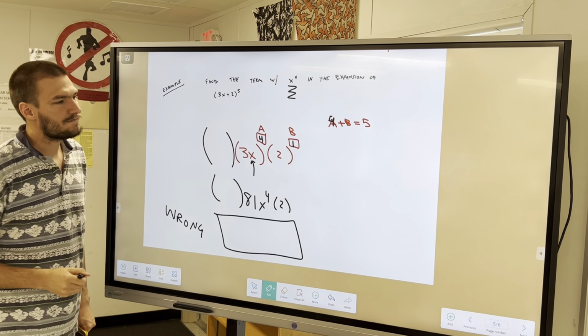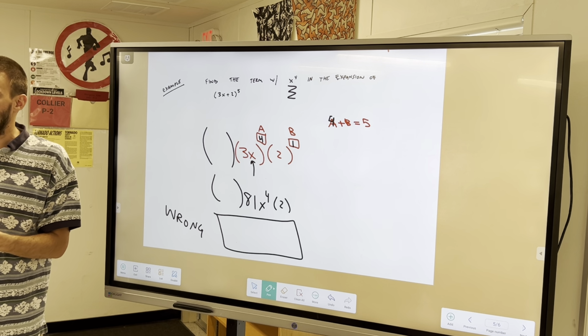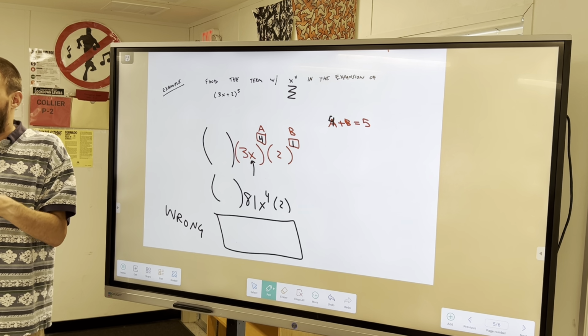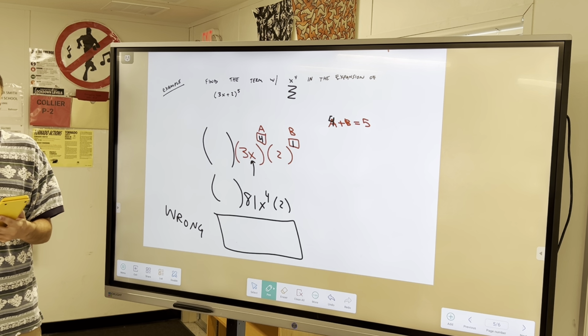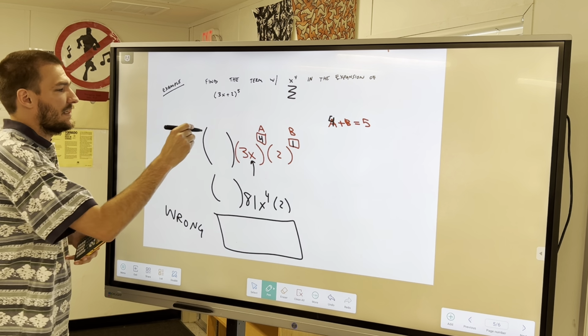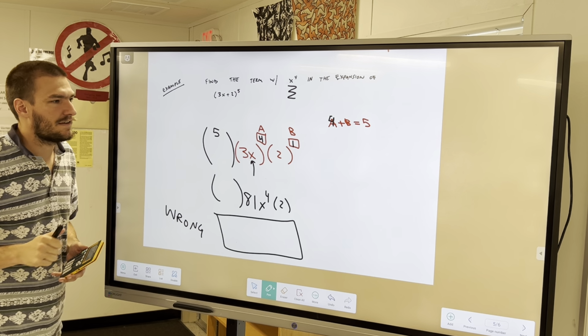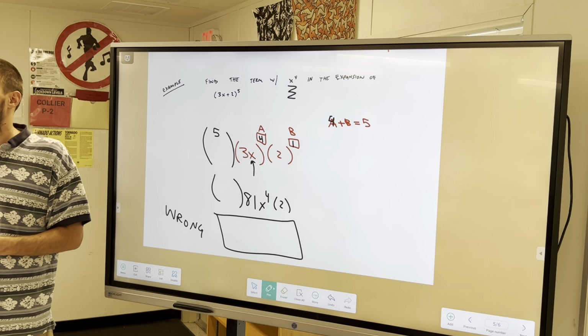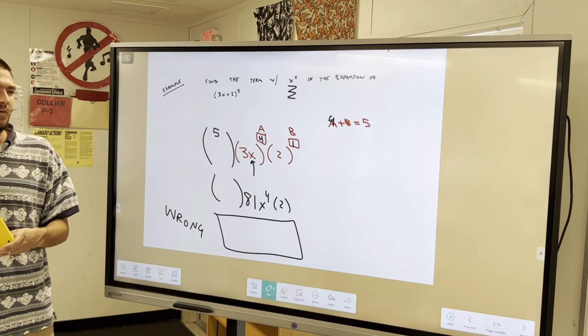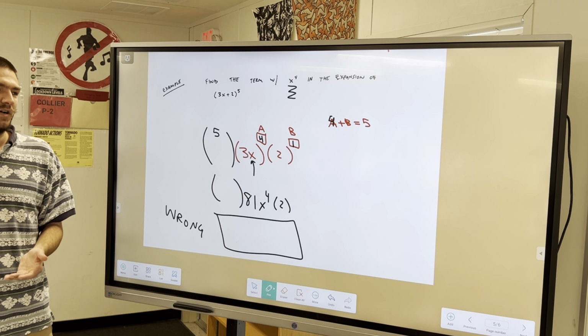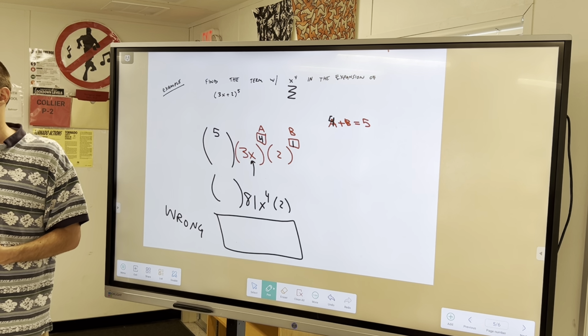Remember, there's an nCr, there's a combination that we need to choose. Well, the top one is going to be 5. What are we going to choose for the bottom?